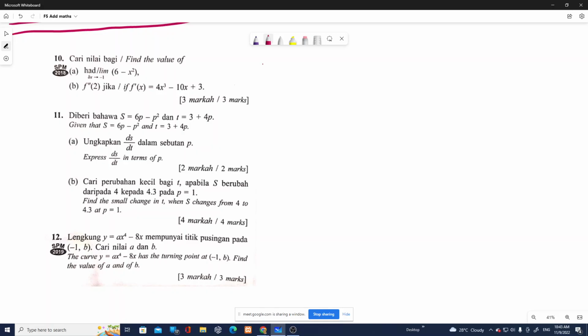Untuk 10A, had, limit in English, delta X approaches negative 1, 6 minus X square. Kenapa delta X bukan X ke? So, ganti saja, boleh tak? 6 tolak dengan negatif 1 kuasa 2. Kamu dapat 6 tolak dengan 1. Jawapan dia 5 lah. Understand?